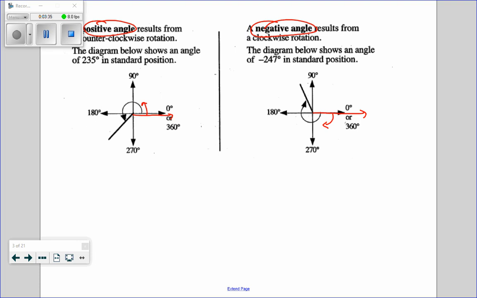But since most of you don't know how to tell time on an analog clock, it doesn't matter. Just think of positive goes up off the initial arm, negative goes down off the initial arm. That's all you have to remember. So then if you're going negatively, then this becomes negative 90. This is negative 180. This is negative 270, and that one's negative 360 because you're going negatively around through those numbers.